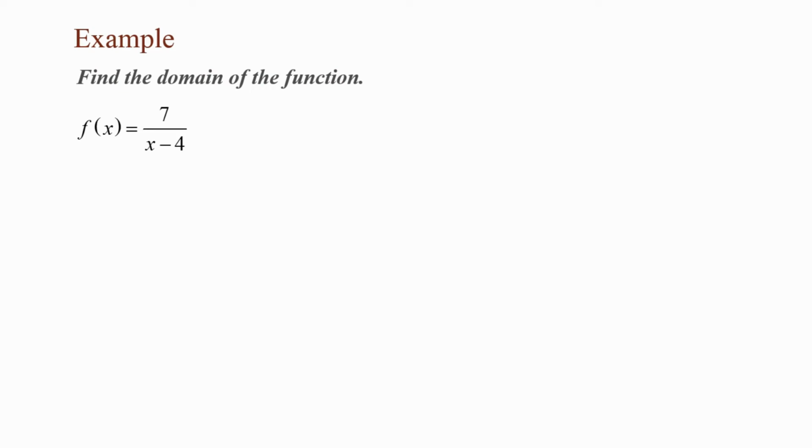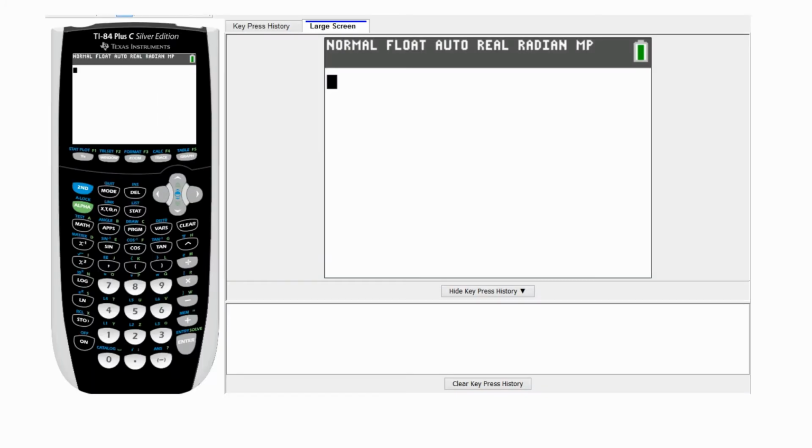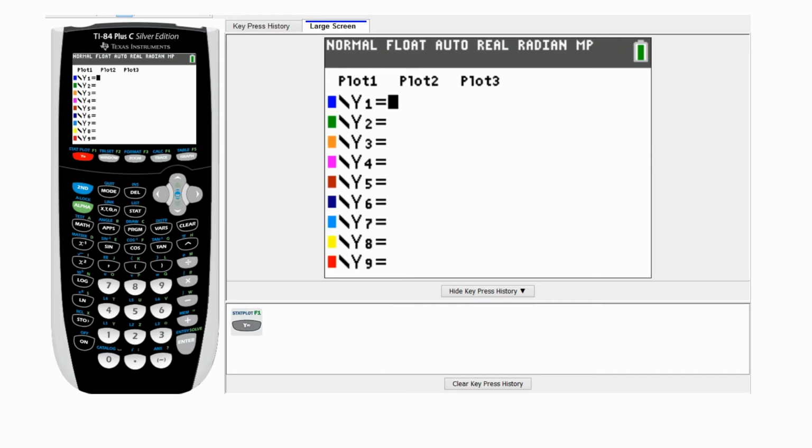In this example, find the domain of the function f of x equals 7 divided by, in our denominator, x minus 4. Before we discuss the domain, let's look at the graph of this function. To graph our function, we need to go to y equals, then type in 7 divided by, and we need to use parentheses because x minus 4 is the entire denominator.